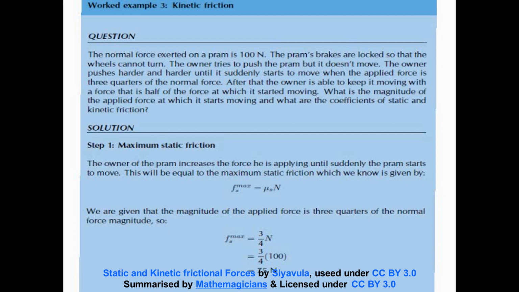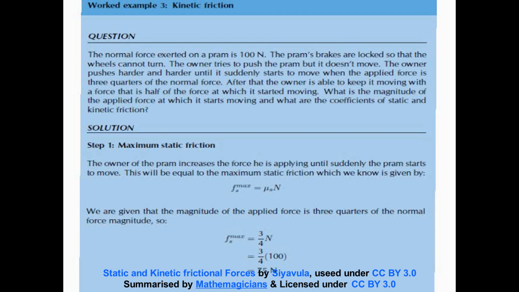As the solution suggests, the first step is maximum static friction. In the question, they tell us the owner of the pram increases the force he is applying until the pram starts to move. This will be equal to the maximum static friction, which is given by the formula Fs max is equal to mu s times the normal force.